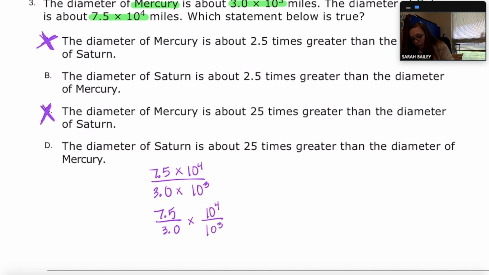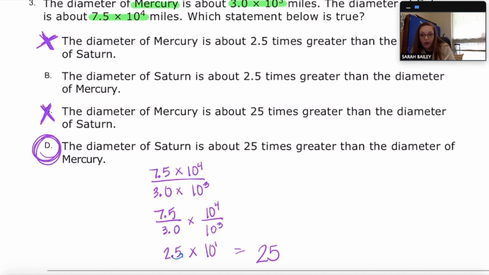So when I do 7.5 divided by 3.0, I get 2.5 times 10 to the 4th divided by 10 cubed is 10 to the 1st. Now I'm going to need to change that to standard form, which means the decimal point gets moved one time to the right. So that's equal to 25. So Saturn's diameter is 25 times greater than that of Mercury, which is answer choice D.